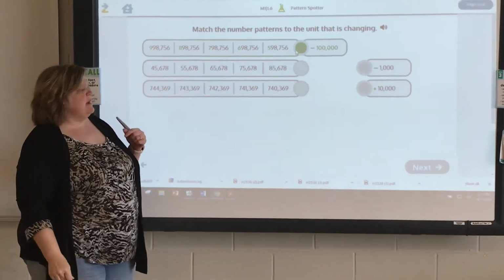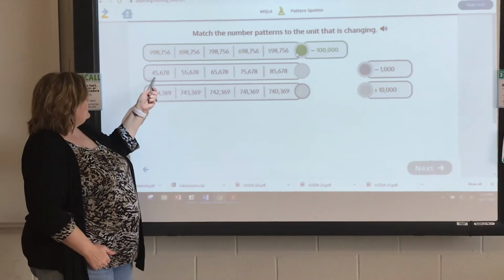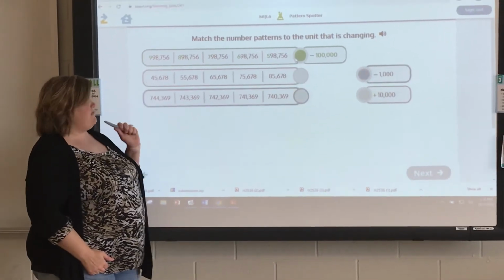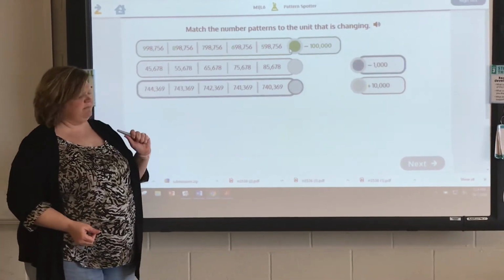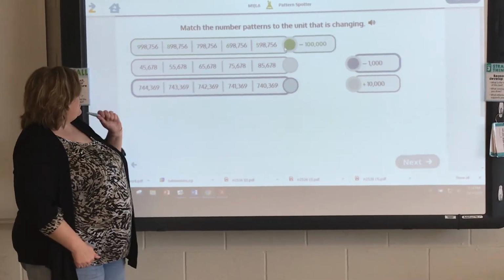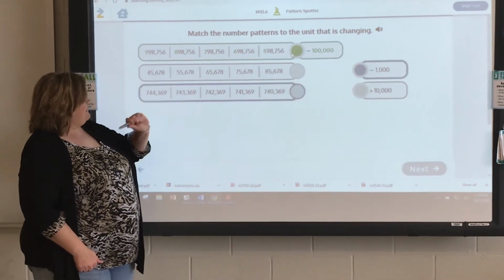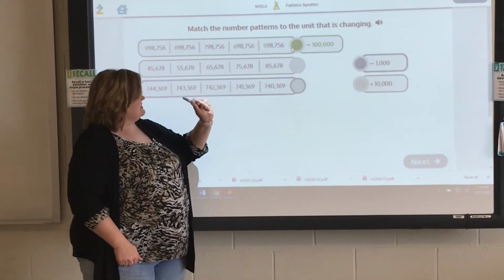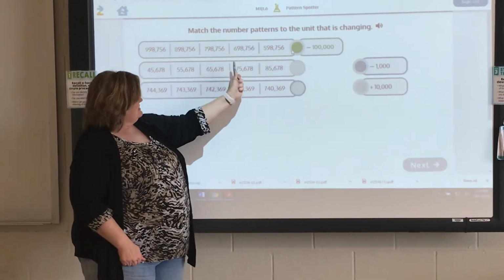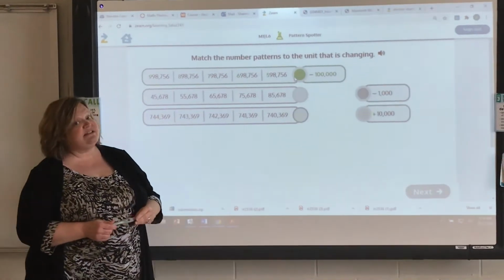In our next one, I told my class when we were doing this lesson, pay really close attention to the fact that this does not have a 100,000 place. So you knew it couldn't have been 100,000. It started at 45,678, 55,678, 65,678, 75,678, and 85,678.